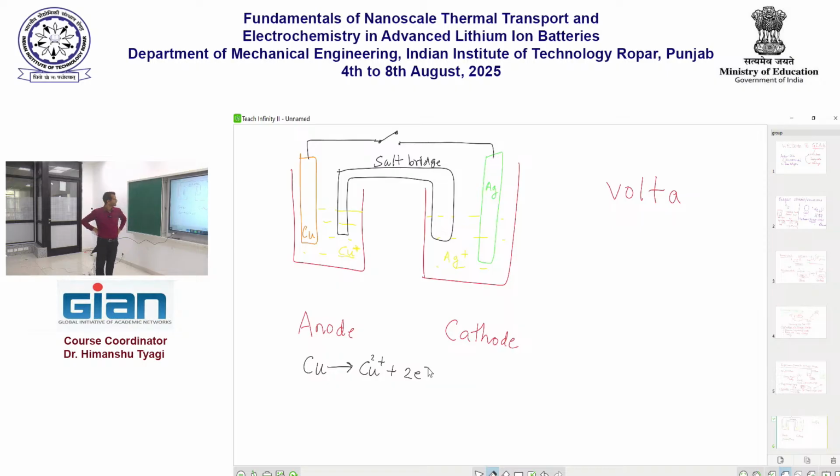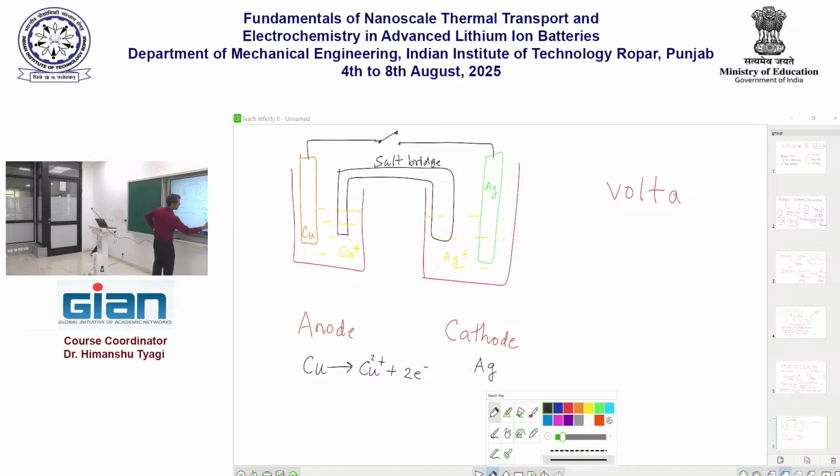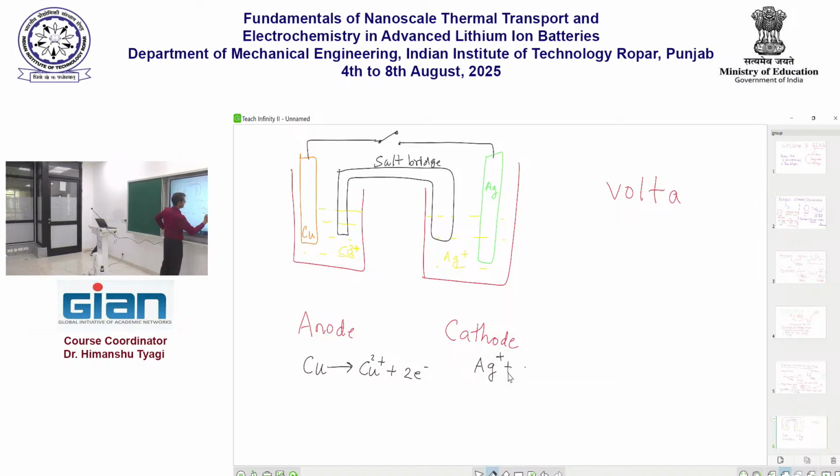On the cathode side, the silver plus and the electron will produce silver. The electrons are transferred from the copper side to the silver side.